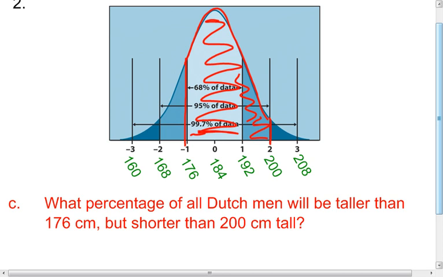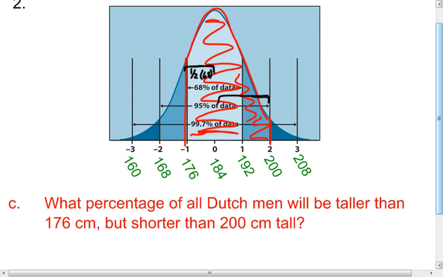All right, so taller than 176. If I go from here to here, that's within 1 standard deviation, which is going to be half of that 68%. So to figure out this much, I'm going to take half of 68, which of course is 34. Then this is 2 standard deviations, on the 2 standard deviations mark.